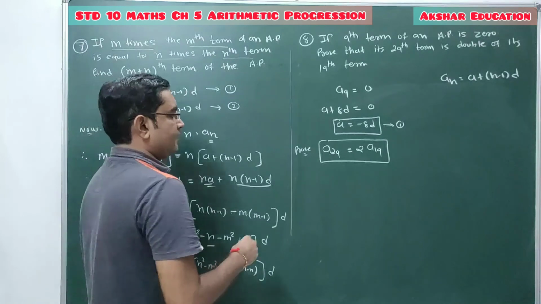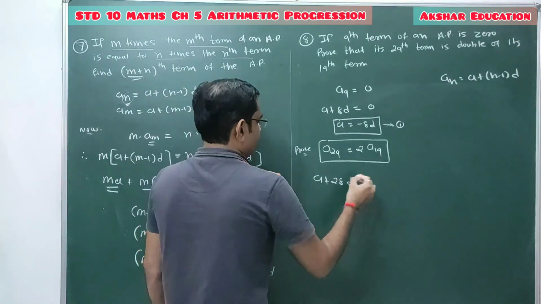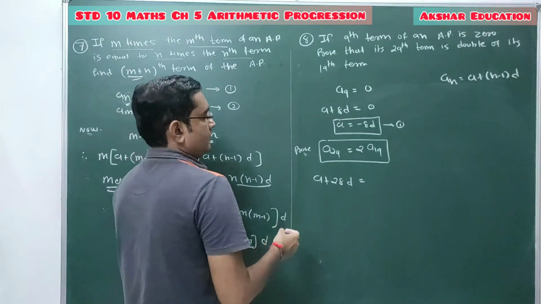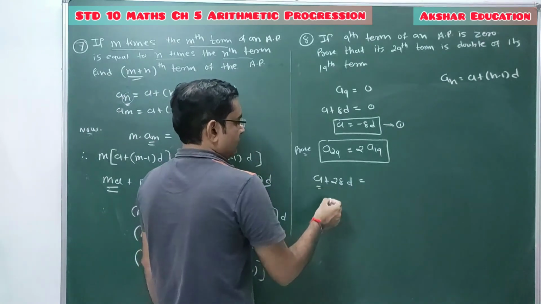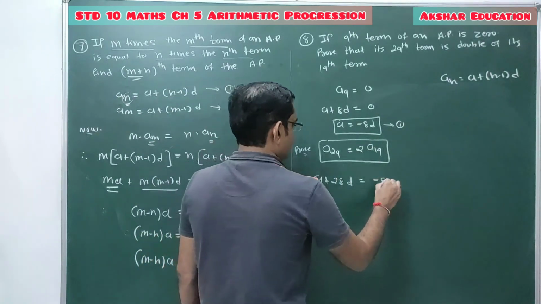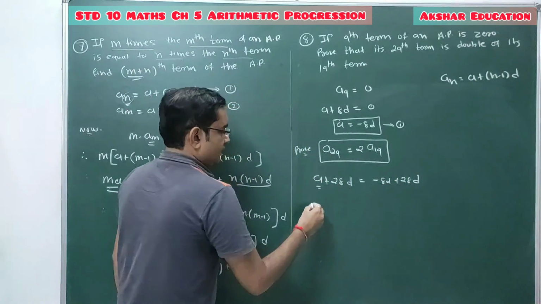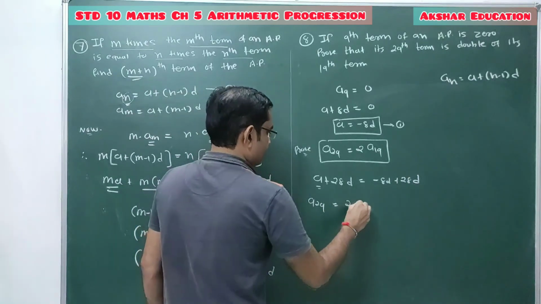So what is 29th term? It's a plus 28d. So a plus 28d is nothing but a is minus 8d plus 28d. So our 29th term, a29 is equal to 20d.